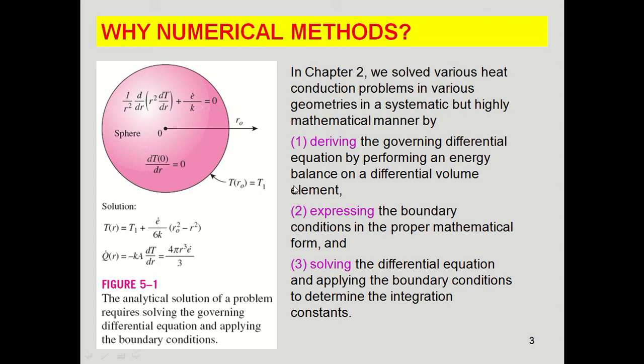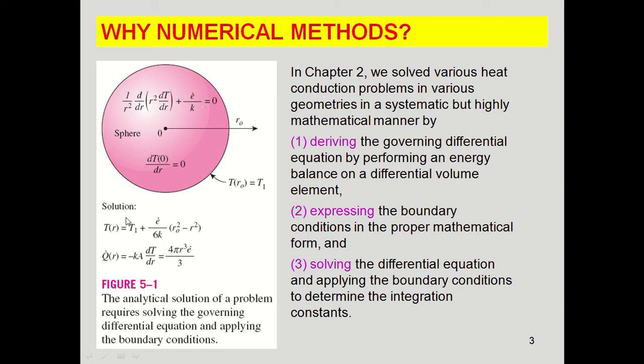After applying these boundary conditions to the generalized heat conduction equation and solving it, we get the temperature at radius r as T of r equals T1 plus E dot divided by 6k times (r0 squared minus r squared). That means if you substitute the value of r between the given limits, we can find the temperature at a particular radius using this equation.